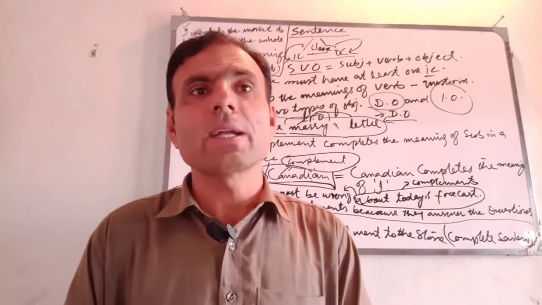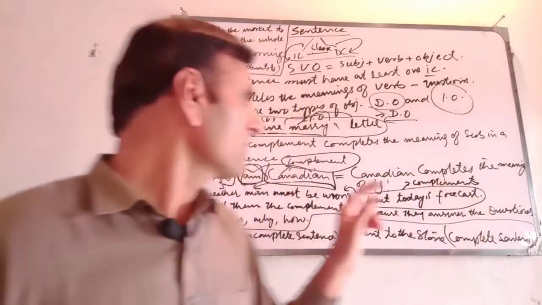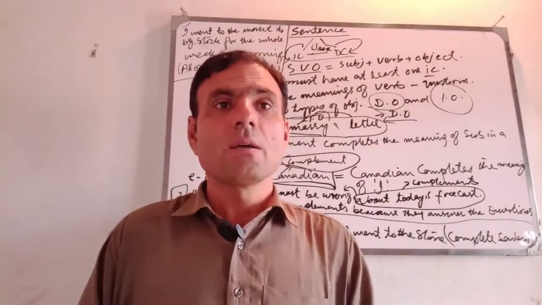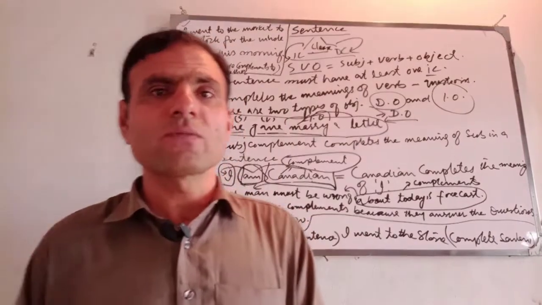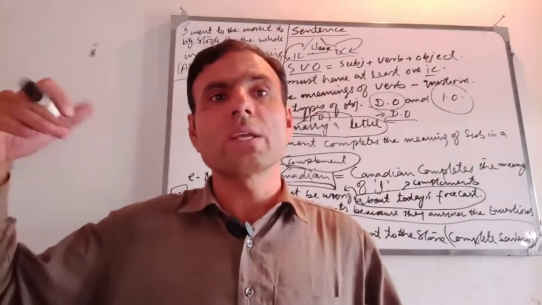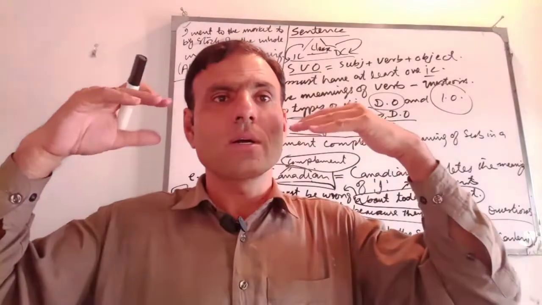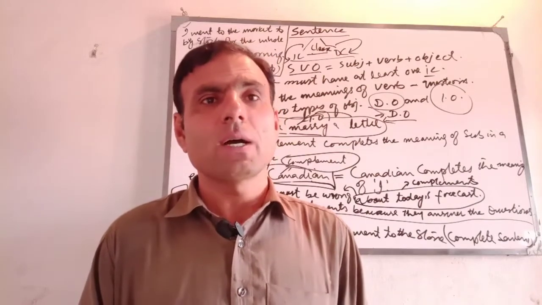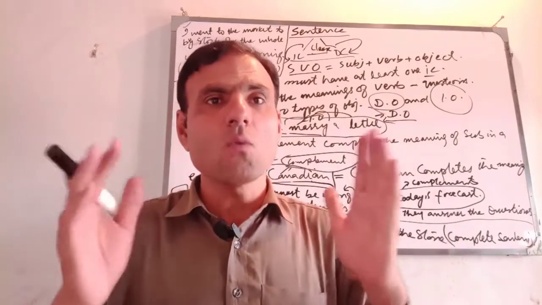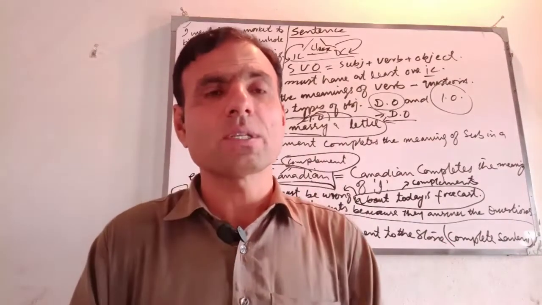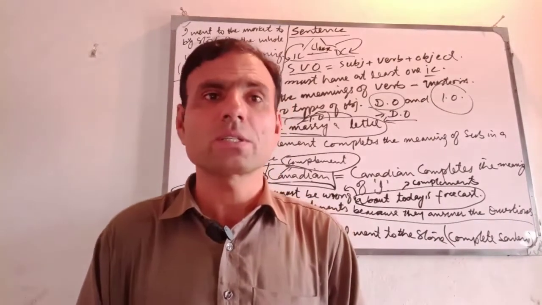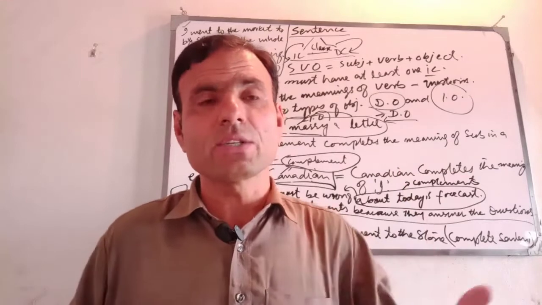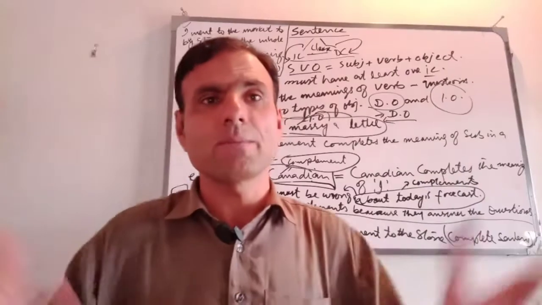So we could say the weatherman must be wrong about today's forecast. Why? Because we heard he predicted rain or storms, but everything is clear. So we are telling about a possibility: that forecaster must be wrong. Must is not working here as a necessity, but as a possibility.